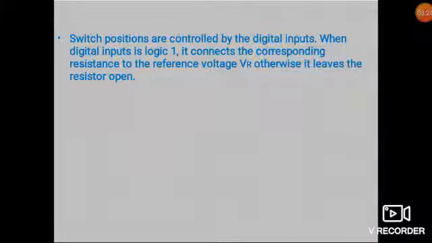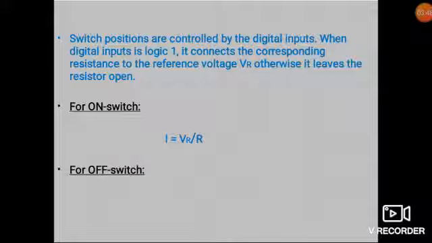Switch positions are controlled by the digital inputs. When the digital input is logic 1, it connects the corresponding resistance to the reference voltage VR, otherwise it leaves the resistor open. For an on switch, I equals VR by R, and for an off switch, I equals 0.